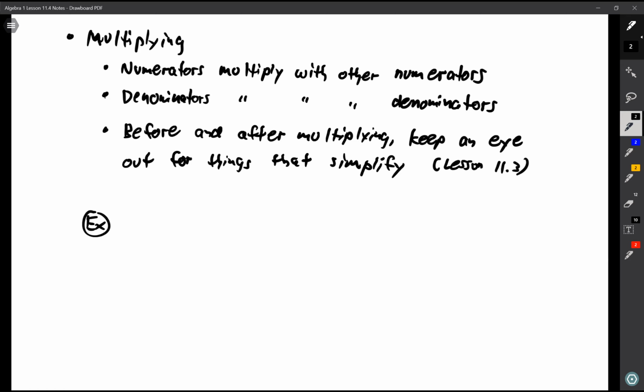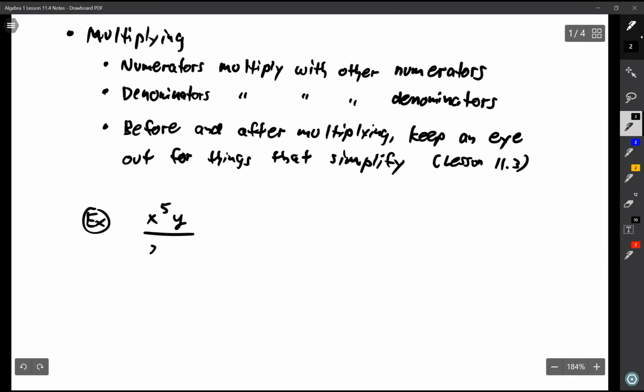Let's do x to the fifth y over 2x cubed times, oh, I'm sorry, that was a 2z cubed, times 18z to the fourth over xy. Okay.